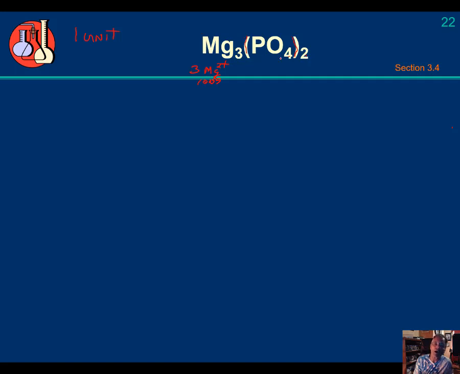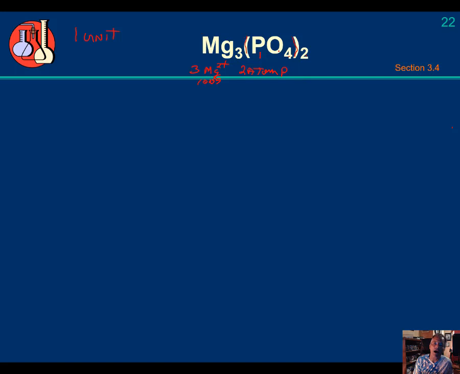I multiply all the subscripts inside the parentheses by the subscript outside the parentheses. If there's no subscript, I understand that's a 1. So it's just 2 times 1, and this is an atom, so that would be 2 atoms of phosphorus.